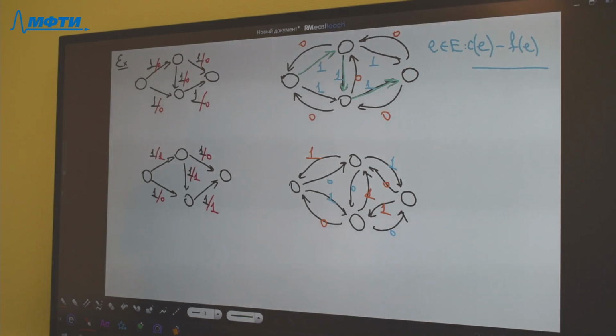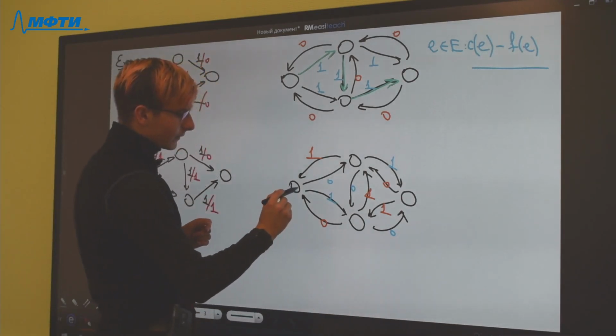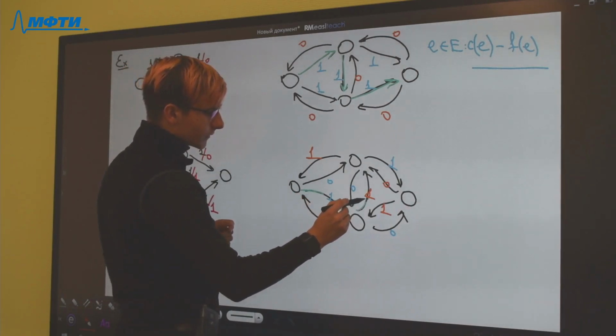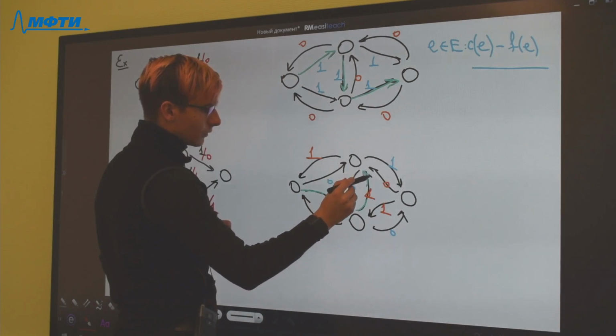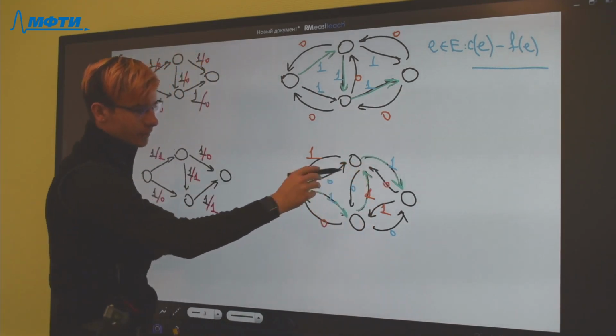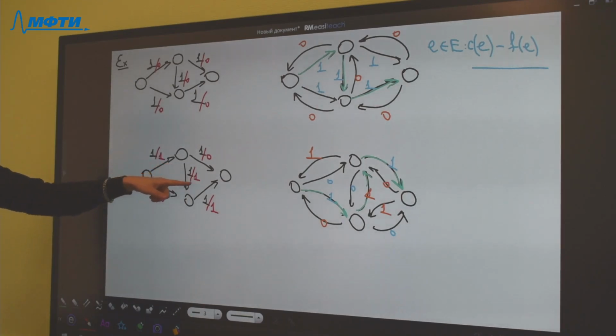Okay, and now we see that we have a path from the source to the sink through these edges. And we can use backward edges too. If we use backward edges, it means that we need to decrease the flow through this edge.